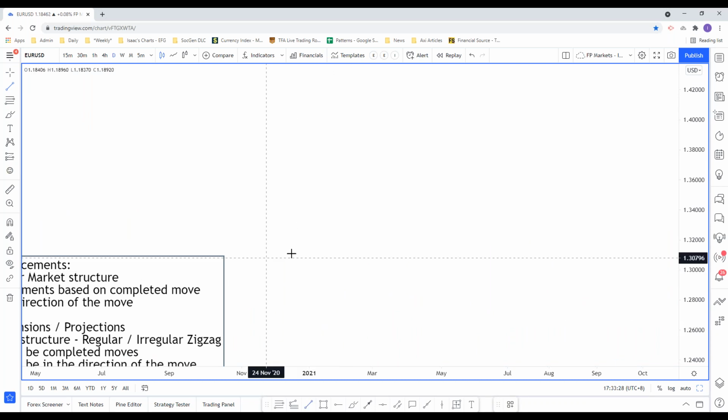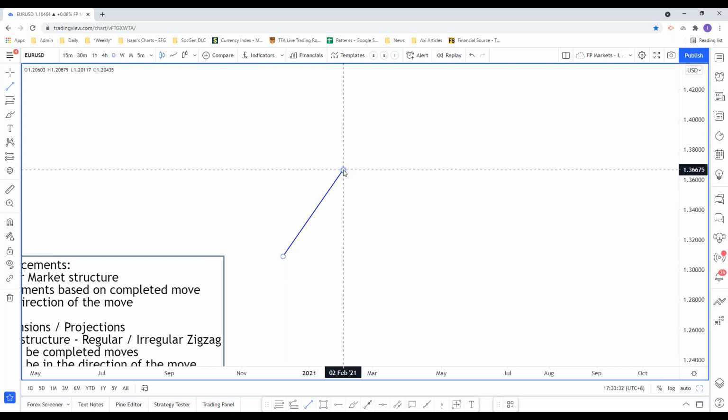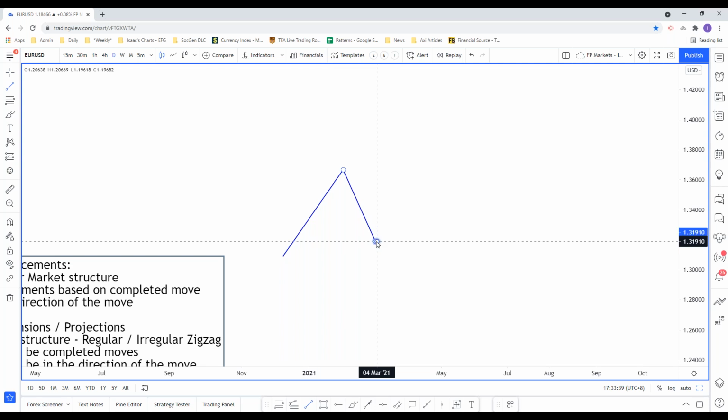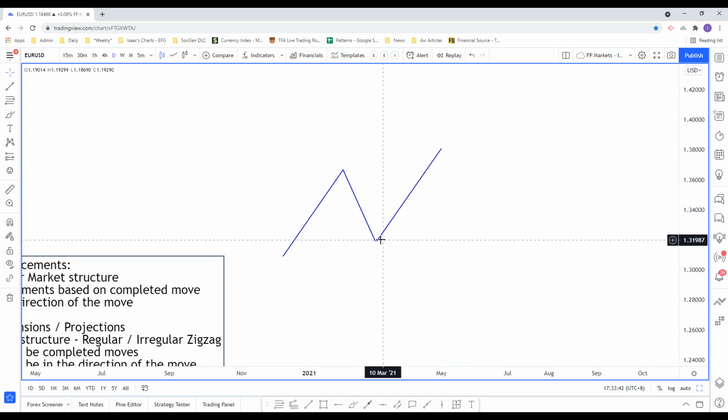The first pattern is something like that. Price pushes up, retraces, comes back down, makes a low, and then after that, price pushes higher again. So this is a regular zigzag. Let me just write it down. Regular.